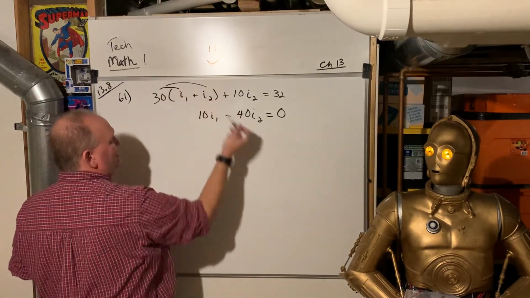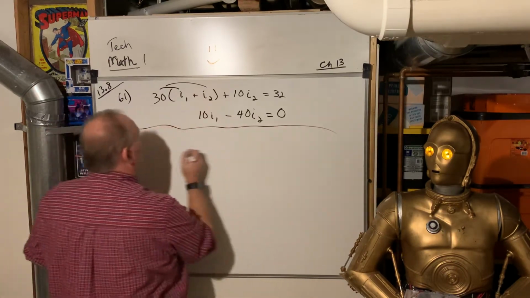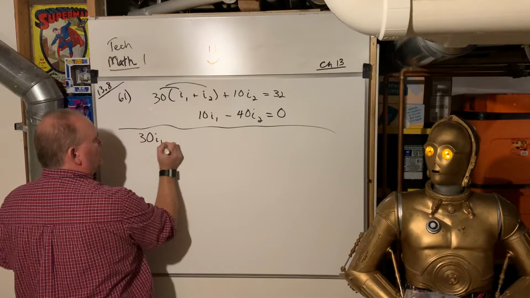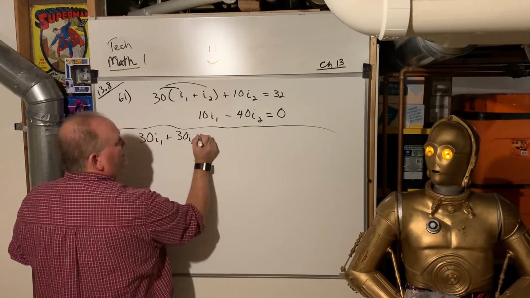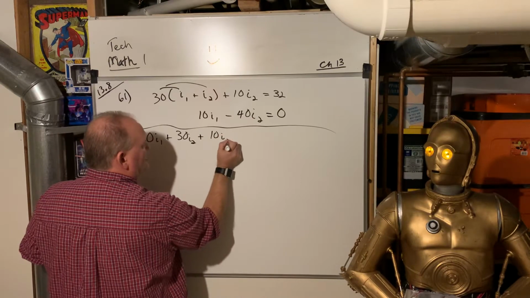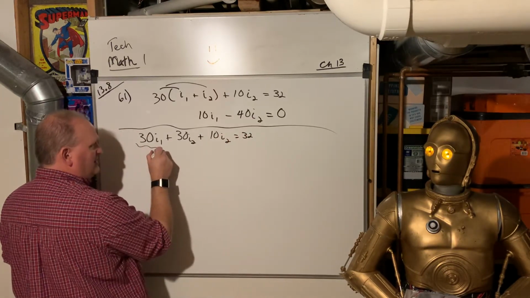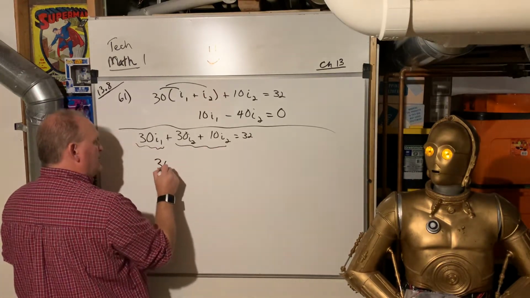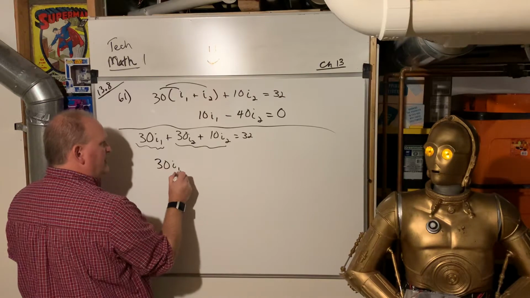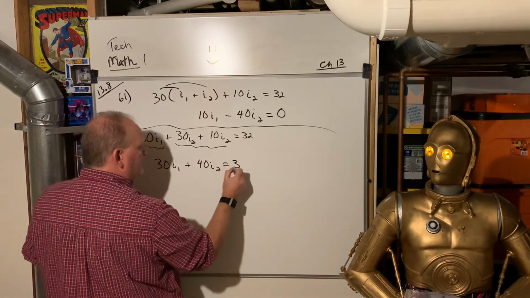So that means you do the distributive property. We get 30 I sub 1 plus 30 I sub 2 plus 10 I sub 2 equals 32. And then we combine like terms. Nothing for that one, but those two can go together. So 30 I sub 1 plus 40 I sub 2 equals 32.